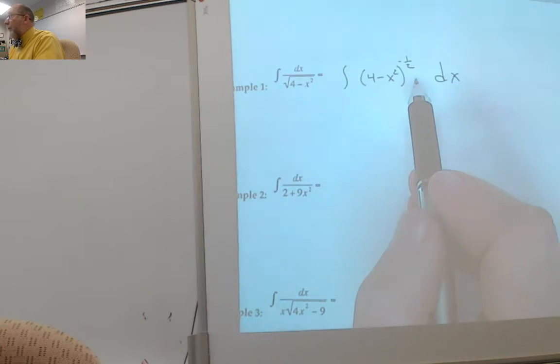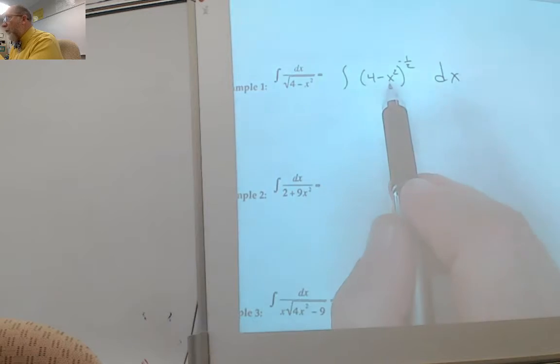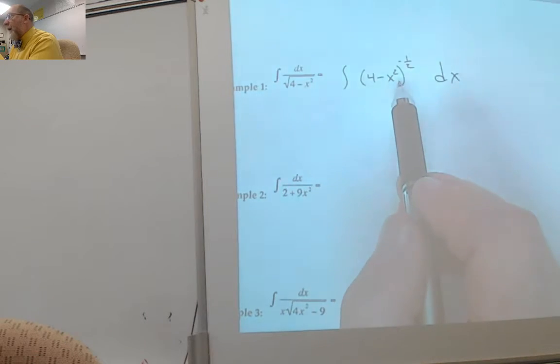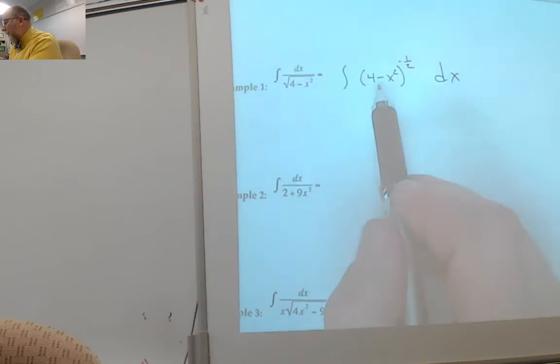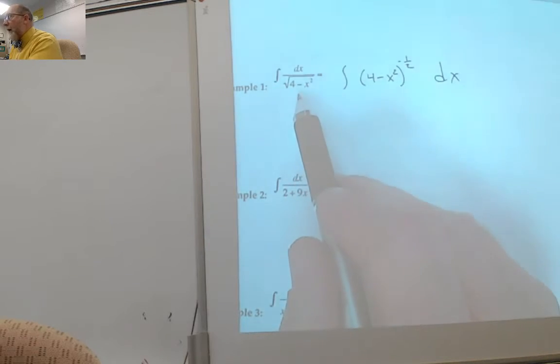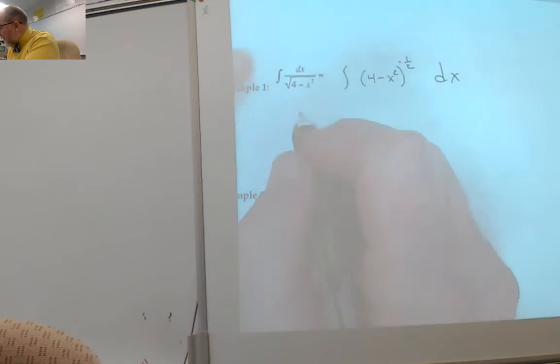And because I can't reverse the chain rule, I'm thinking it's either arc sine, arc tangent, or arc secant. Secondly, because there's a square root, I know it's not arc tangent. Everybody with me on that? So what I'm going to do is rewrite it so it looks like this.